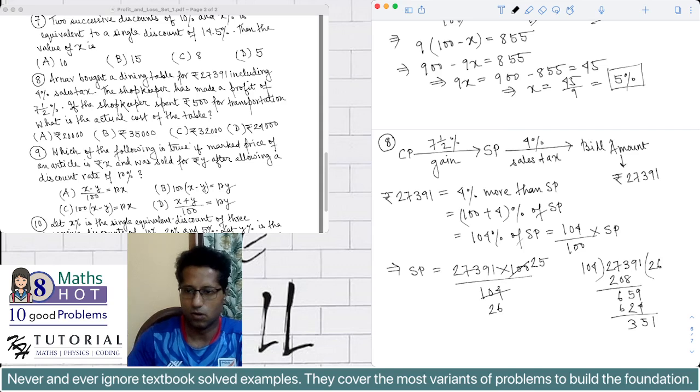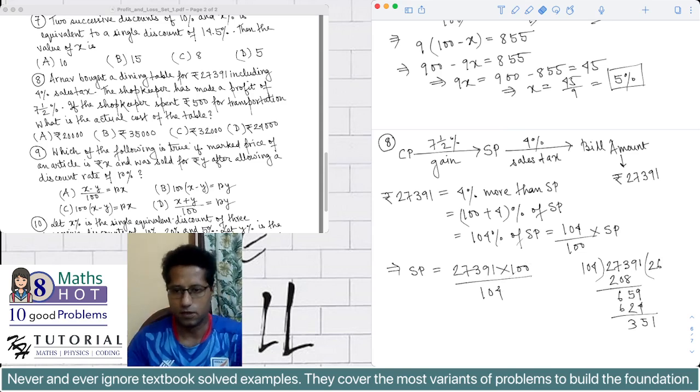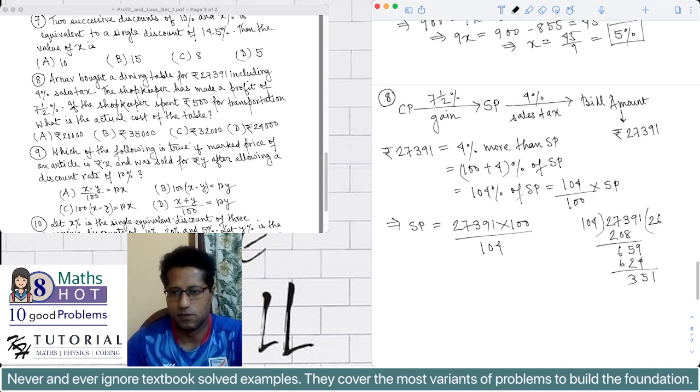Let's not do the calculation simplification right away. Let's leave the selling price like this.